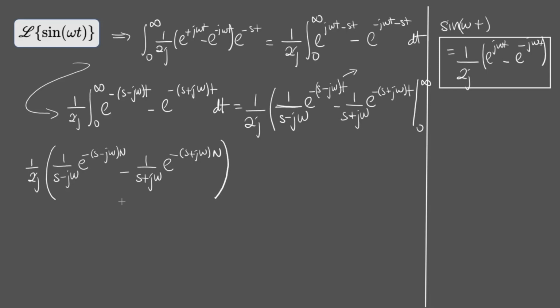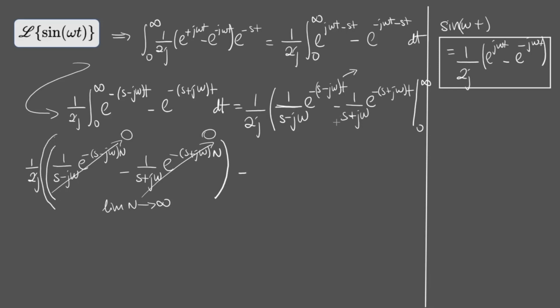This is where our limit as n goes to infinity comes in. This goes to 0, we've established that. This goes to 0, we've established that. So this entire first part of our function is going to go to 0. This is in the biggest bracket.